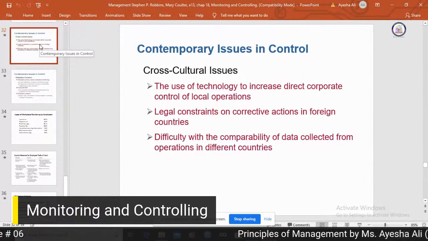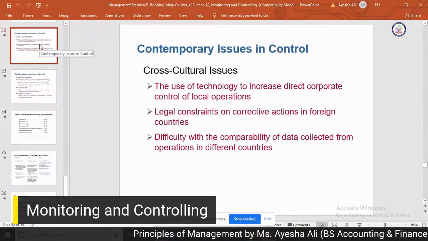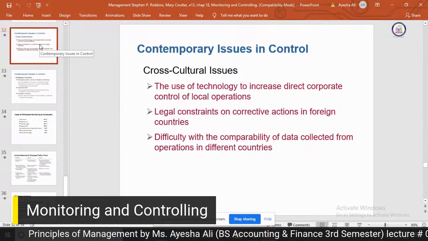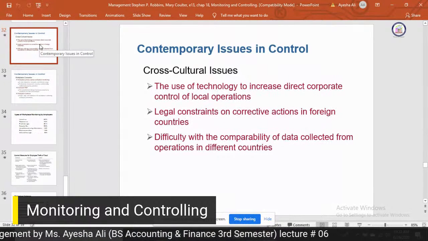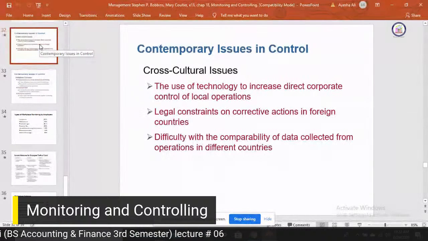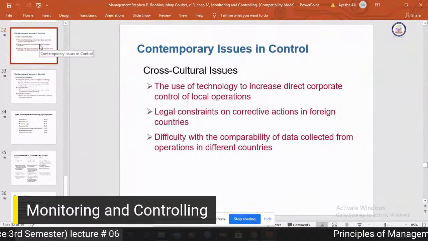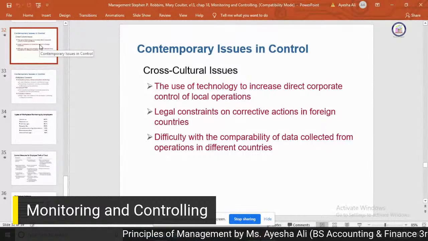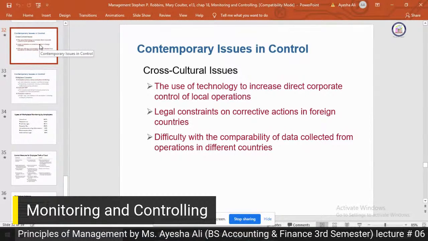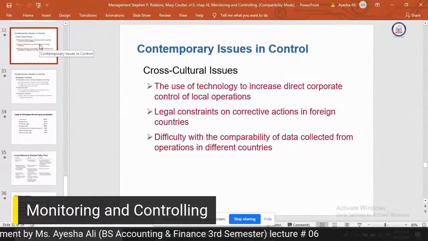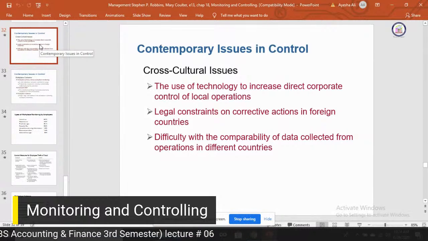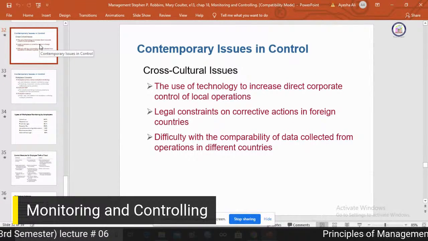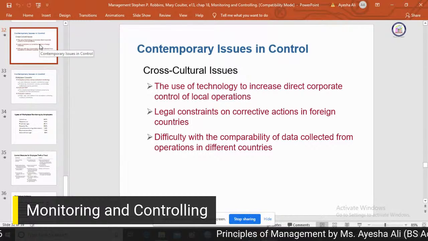Legal constraint on corrective action in foreign countries. So there are some legal restrictions on corrective action in some foreign countries. In some countries, we can't take corrective action because of legal barriers, but in some countries we can do it.